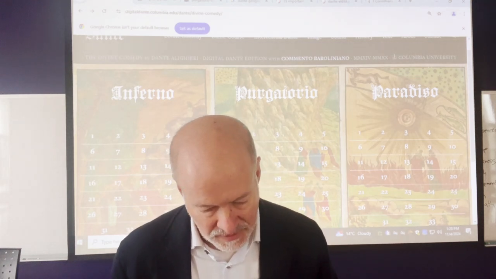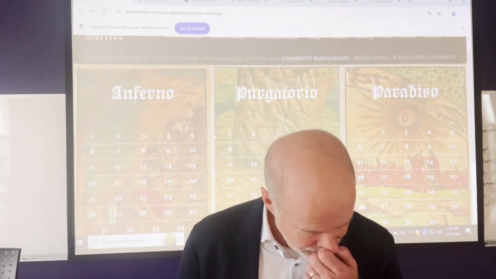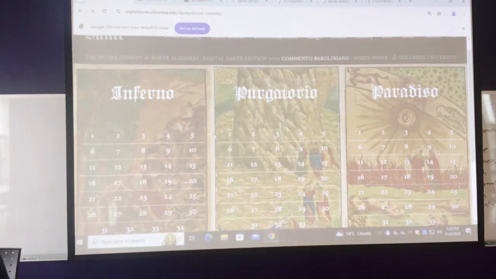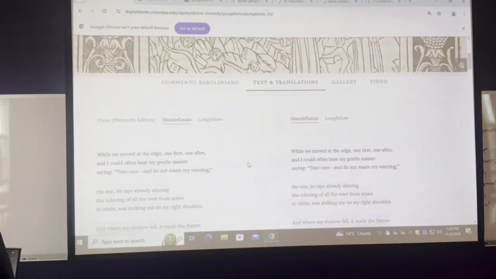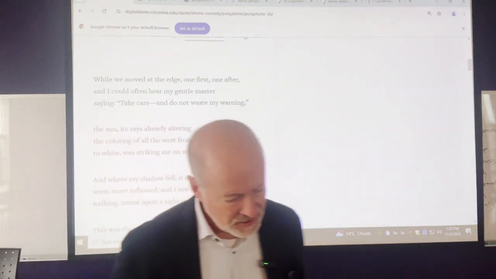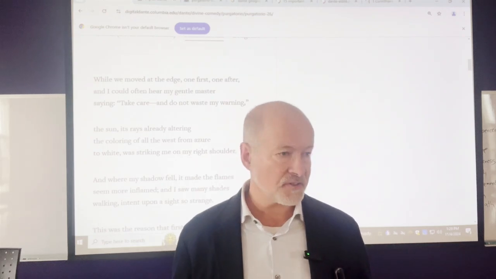And without getting caught up into this too much, let me come to the 26th canto in Purgatorio. Because in the 26th canto, we get to the 7th terrace.